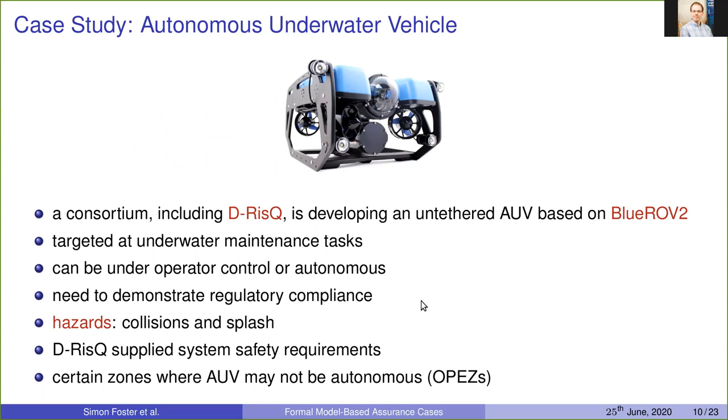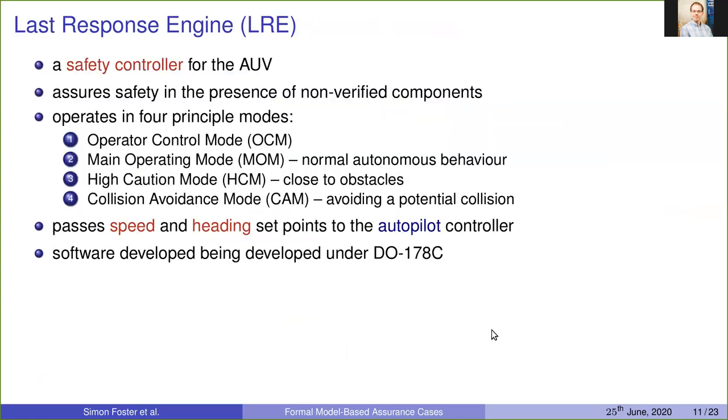the pond. So D-Risk have supplied us with a set of system safety requirements that we have then endeavored to implement in an Isabelle-based assurance case and show how they've been satisfied. There are certain zones where the AUV cannot be autonomous, and these are called object proximity exclusion zones, and we need to make sure that they don't operate there. So the particular component that we are focusing on is something called the last response engine.